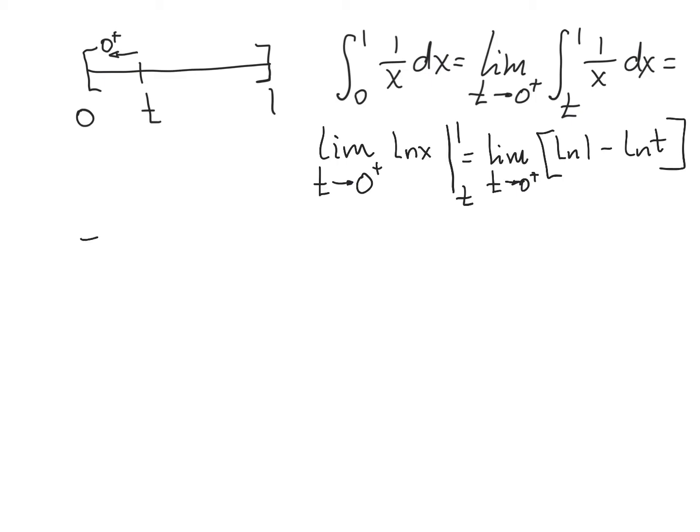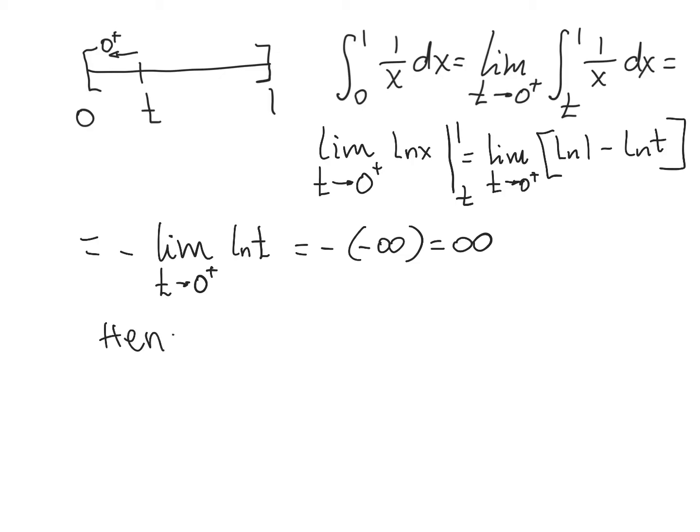And natural log of 1 is 0, so this is negative the limit as t approaches 0 from the right of natural log of t. That limit is negative infinity, and then the minus in front gives us something like minus a minus infinity, which is infinity. That means the improper integral from 0 to 1 of 1 over x dx diverges.